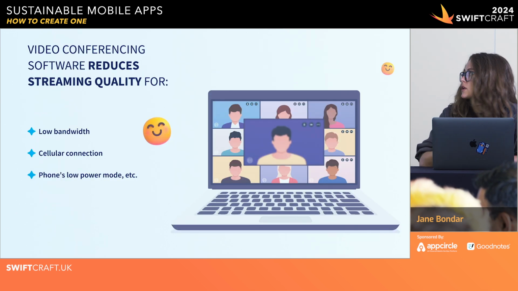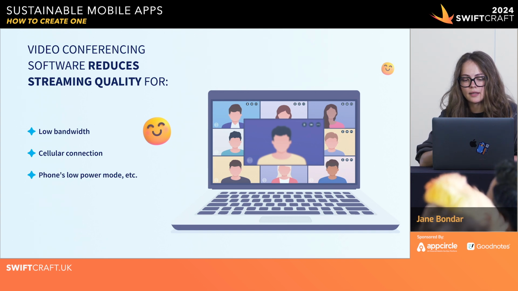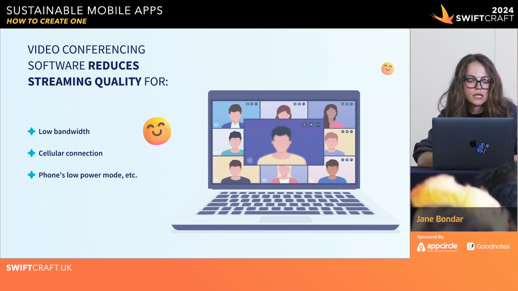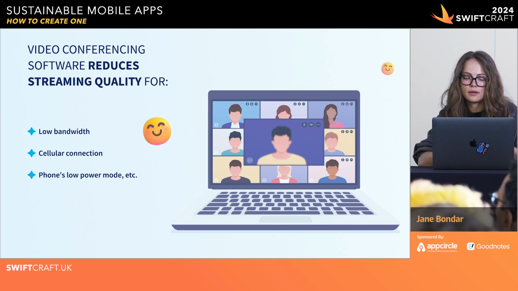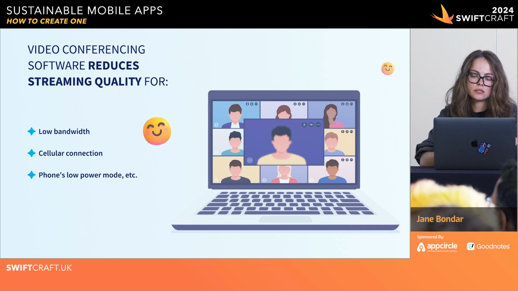An illustration of this concept is video conferencing software that dynamically adapts streaming quality. Instead of streaming at the highest quality possible at all times, it reduces the video quality to prioritize audio when the bandwidth is low, or for a cellular connection, for example. This feature is also typically activated when the phone's low power mode is triggered.